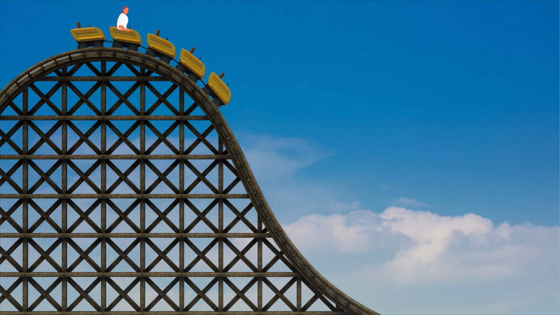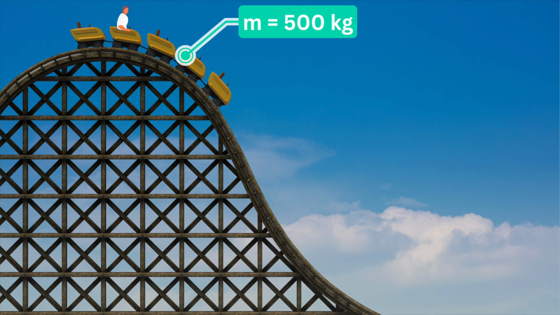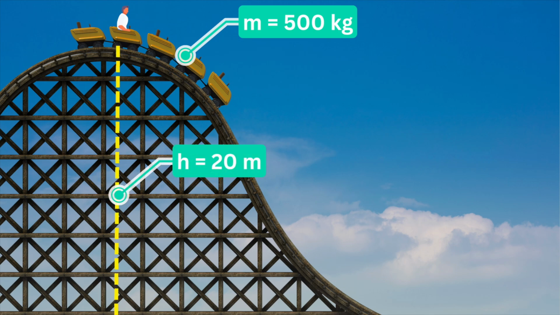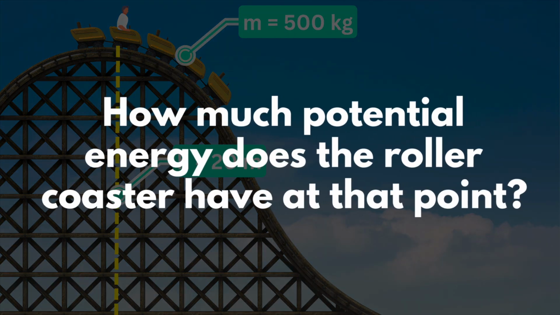Let's say the mass of the roller coaster cart with passengers is 500 kilograms, and it reaches a height of 20 meters at the top of the track. How much potential energy does it have at that point?